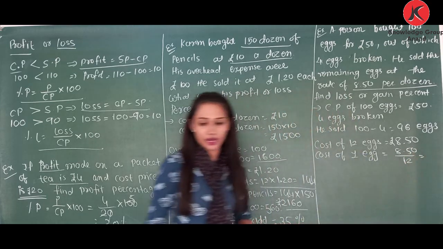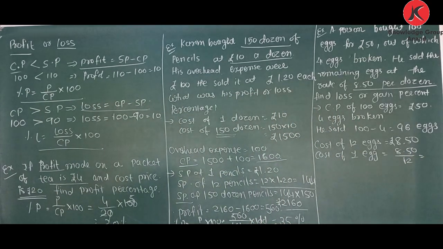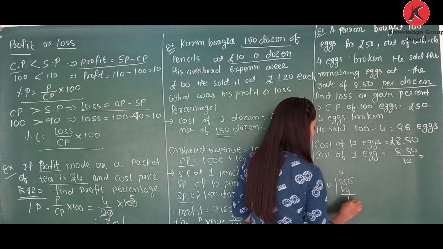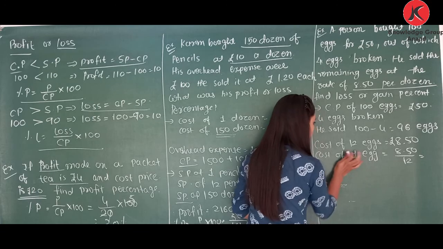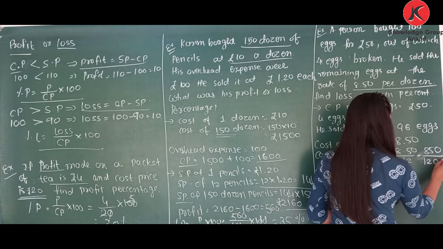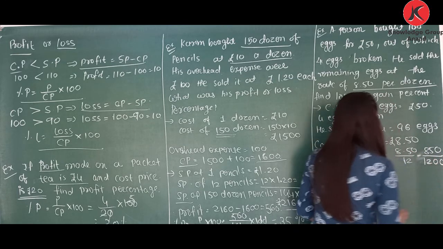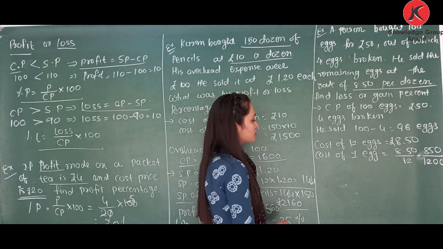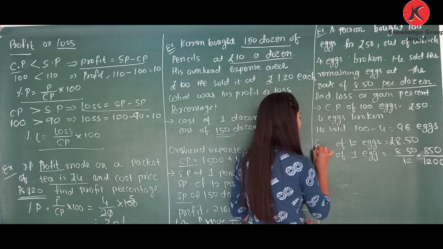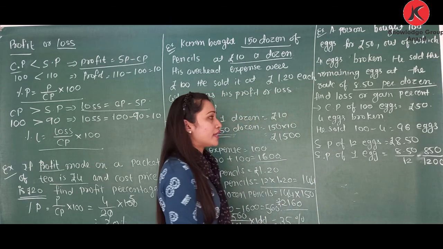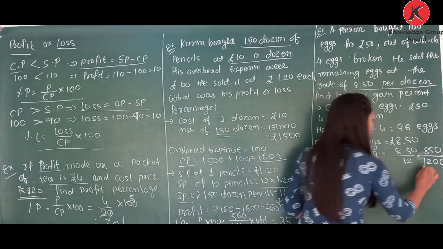If we divide this, we get the answer in a fraction. So we write it as 850 divided by 1200. Now this is the selling price of 1 egg.